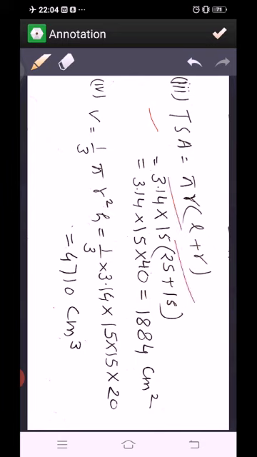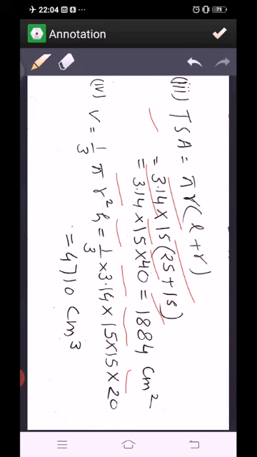So pi, value given 3.14, r radius given 15, L we have got 25 plus radius again 15. So we get 3.14 into 15 into 40. Overall we get 1884 centimeter square. That will be the total surface area of the given cone.